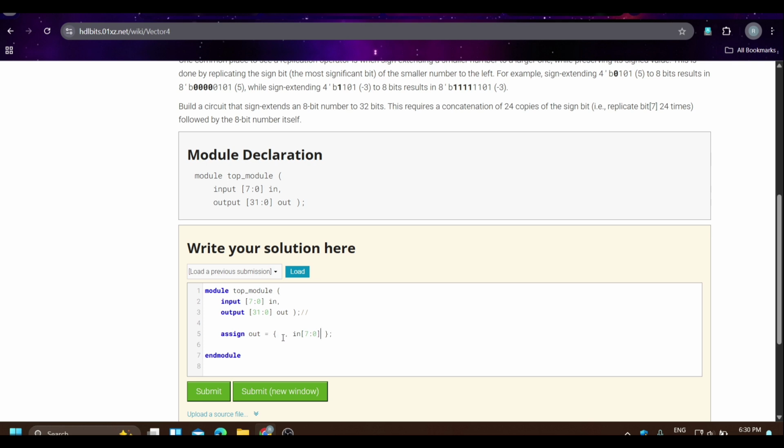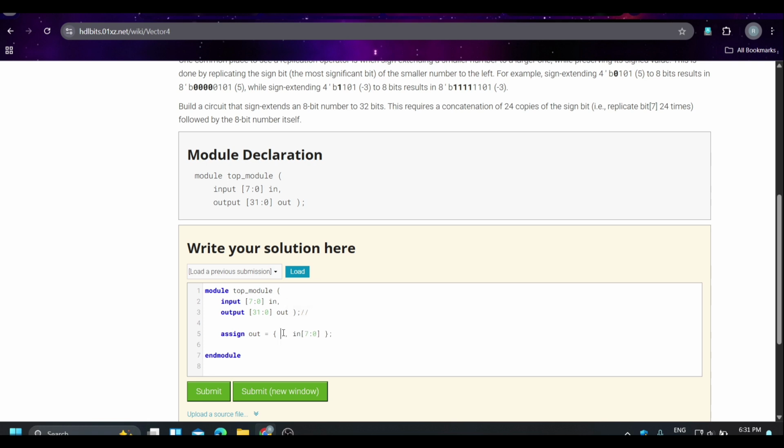This is the same, and the remaining bits, how many bits are there? 24, 31 down to 8, right? Those 24 bits we need to assign by the MSB bit of the input.